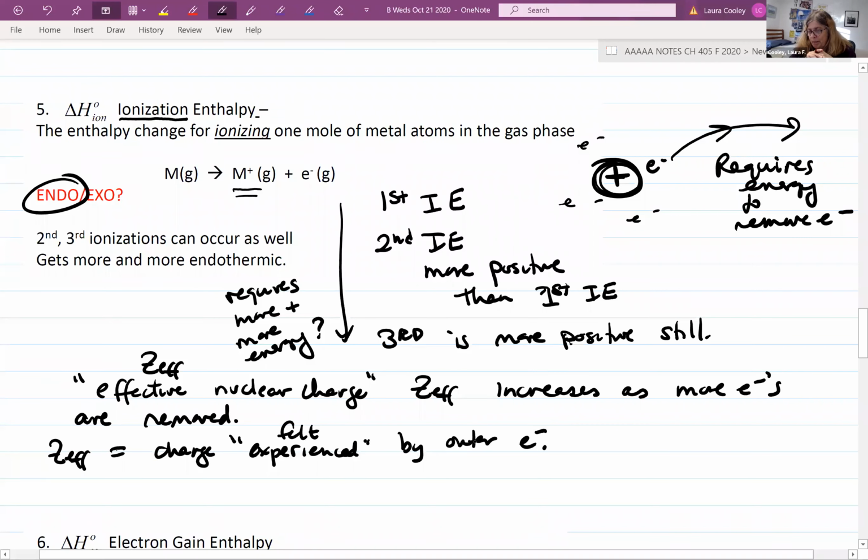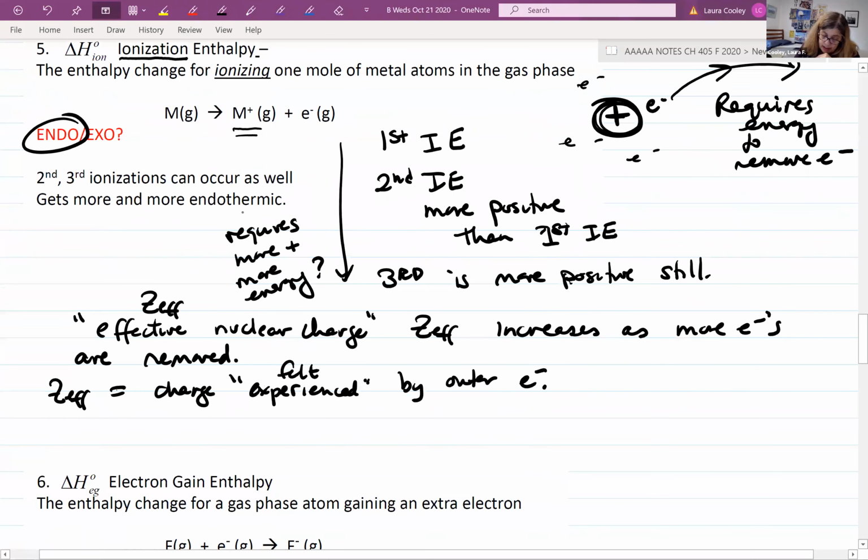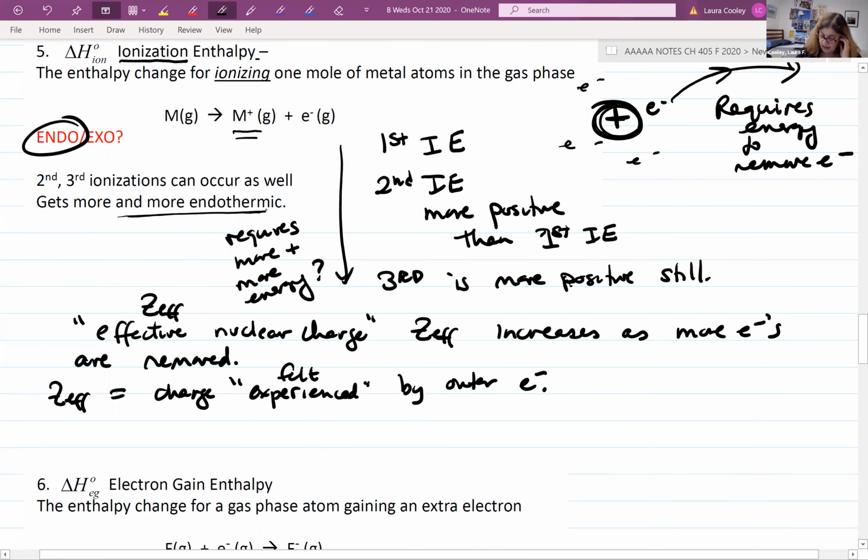That second electron, the outermost one now, is feeling a much stronger nucleus, so it takes more energy. But to take away the third one, now you've got to get into the core, and that's a huge jump in energy. And so the ionization energy definitely goes up as you pull more and more of these electrons off. So it gets more and more endothermic as you do this.